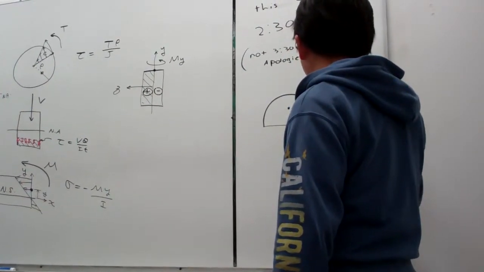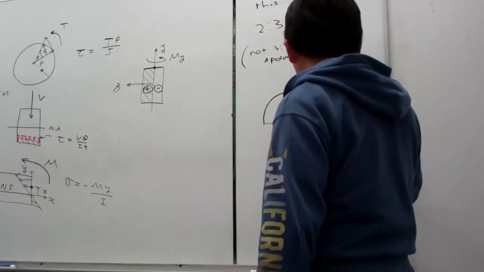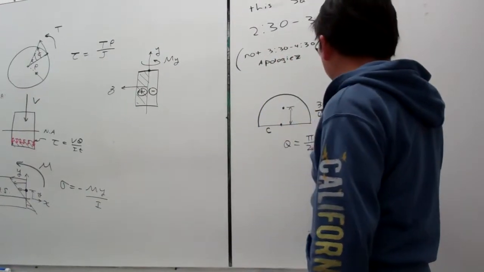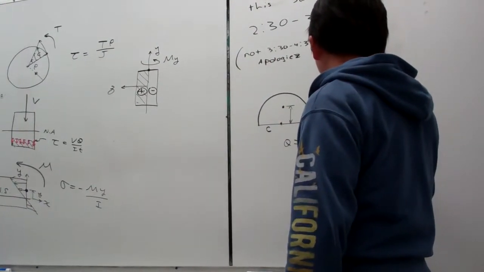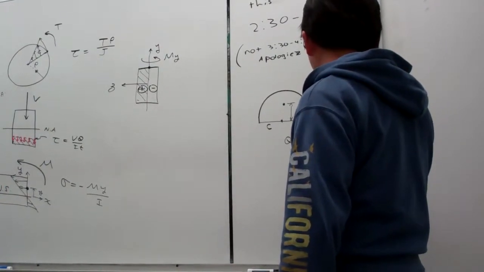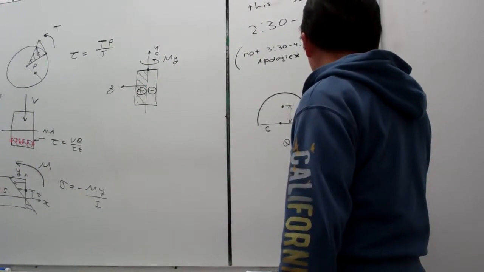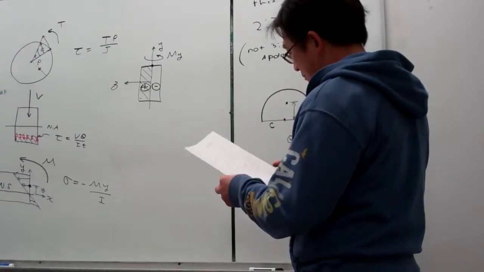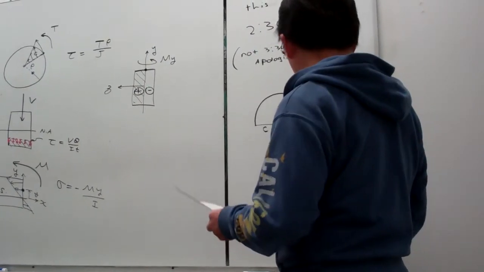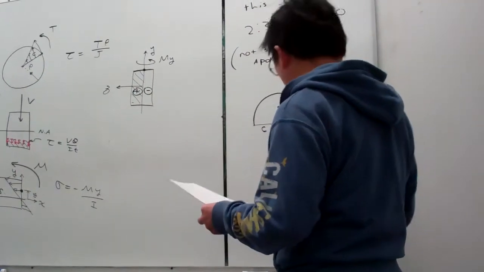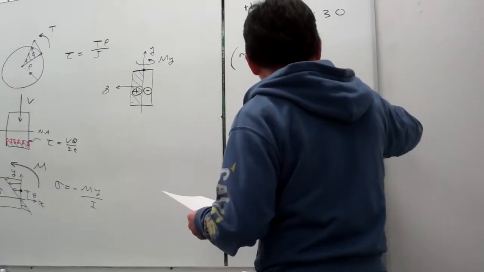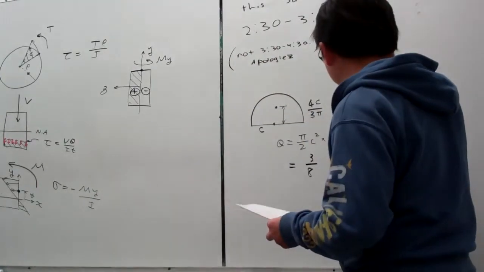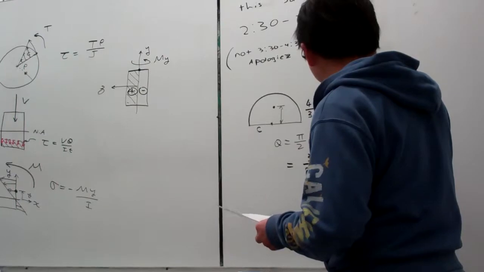So for this case, Q will be equal to the area, pi c squared over 2, multiplied by the distance 4c over 3 pi, if the radius is c.